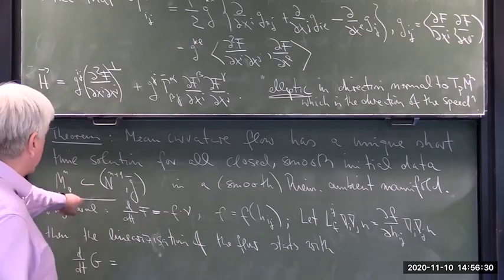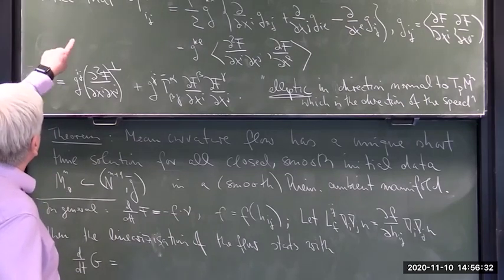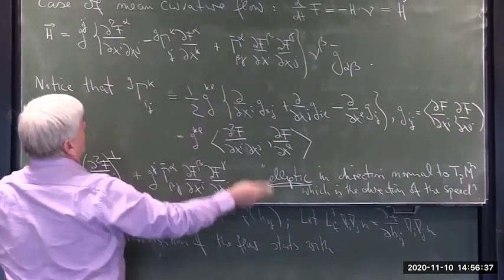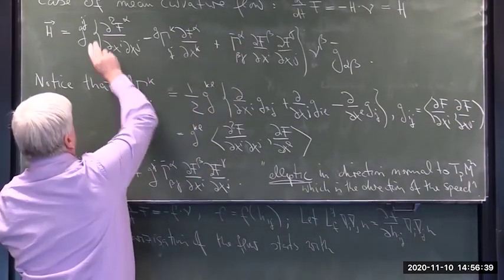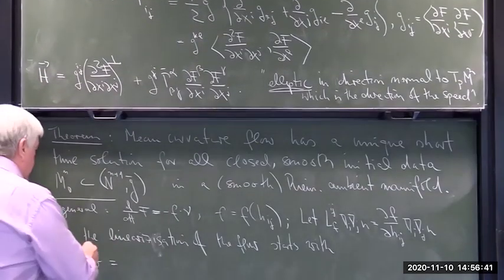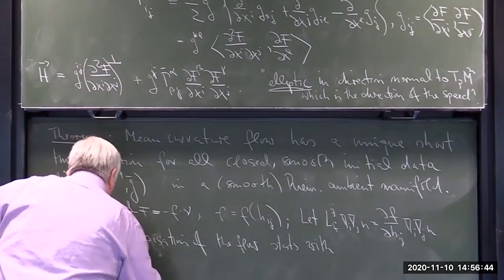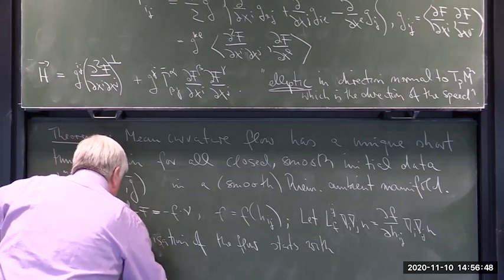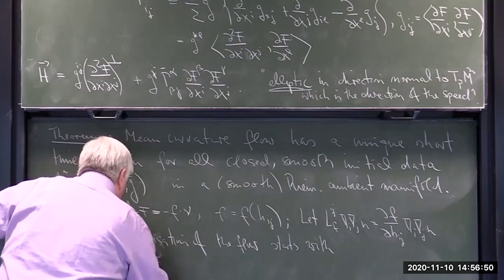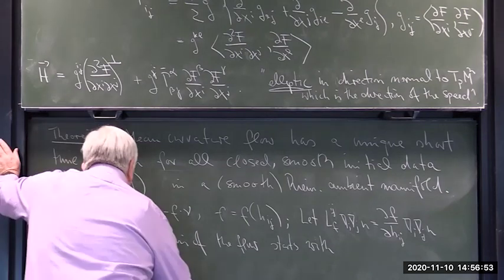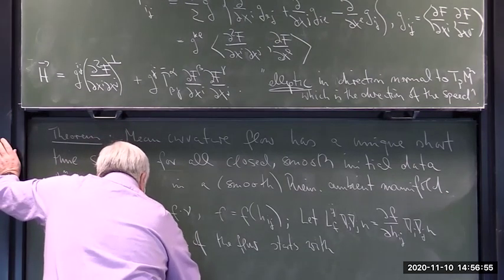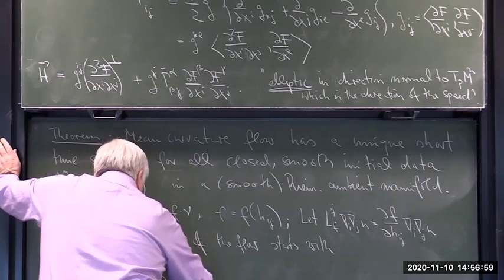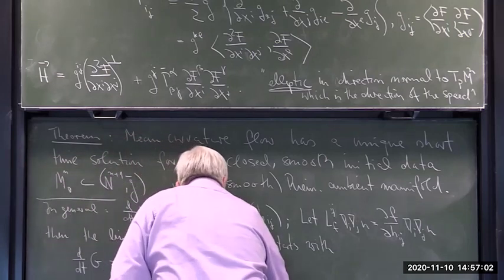So we would get minus Hij, which is this term here. This is minus Hij, differentiating with respect to that. So we get exactly here L^{ij} of d²f/dxi dxj, and again the normal component plus lower order terms.